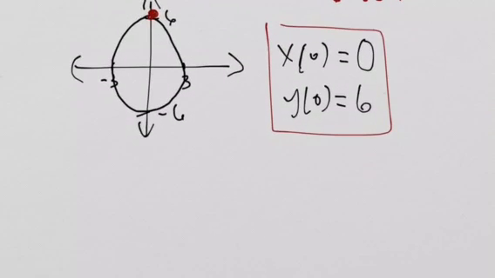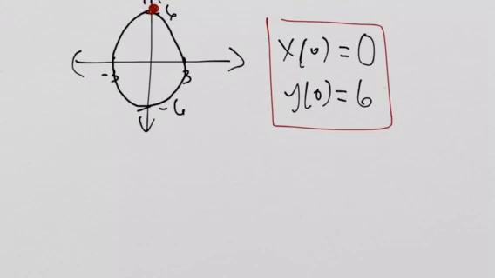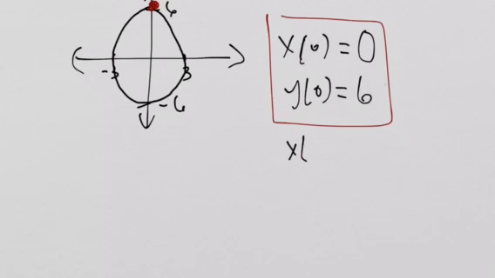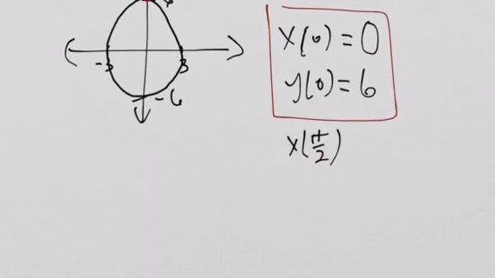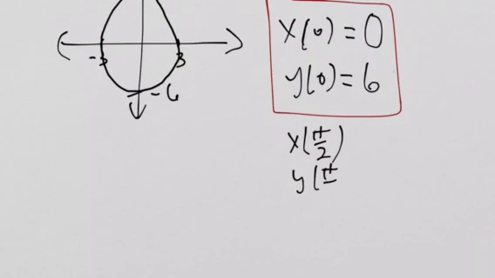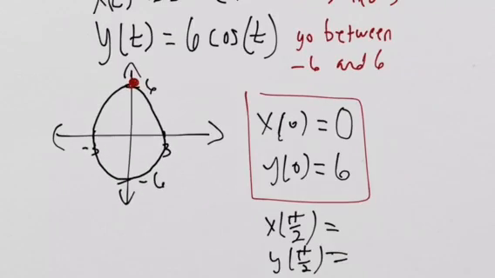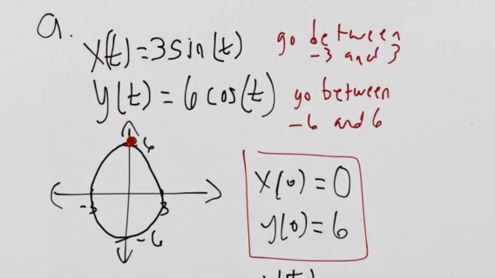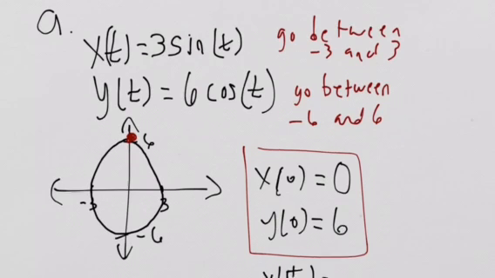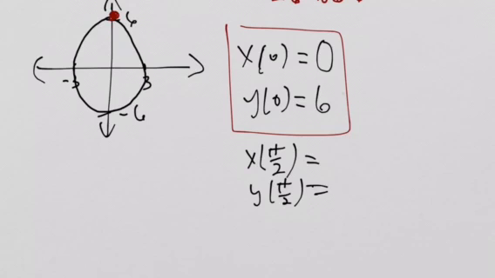Okay, so then now let's think about what direction we're moving by plugging in pi over 2. We're going to plug in pi over 2 because that's like where the quadrant is divided in the unit circle, right? So we'll plug in pi over 2 next. X of pi over 2 and y of pi over 2. Okay, so what is sine of pi over 2? Well, sine of pi over 2 is 1, so we're going to have 3 times 1, which equals 3.